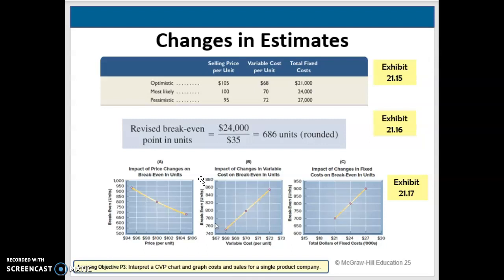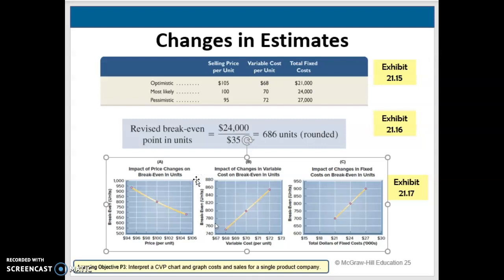So if they believe they can raise the selling price of a football to $105 without any change in unit variable or total fixed costs, then the revised contribution margin per football would be $35. That's the $105 selling price minus the $70 variable cost per unit.